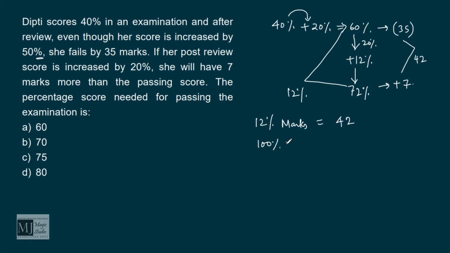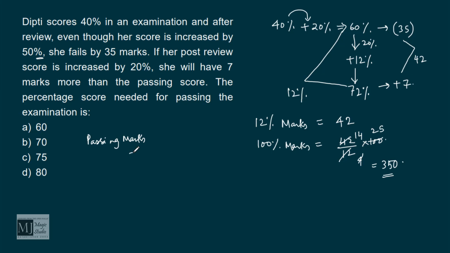So can we have 100% marks? The total marks of the paper are 42 by 12 into 100. That gives 25 into 14, which would give us 350. So full marks are 350. Now what are the passing marks?